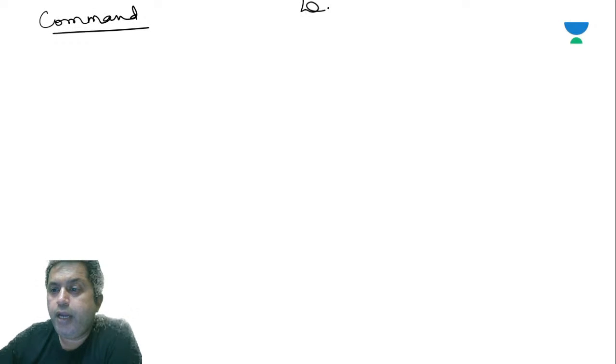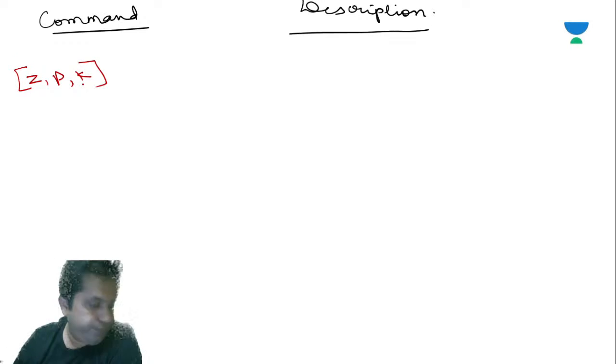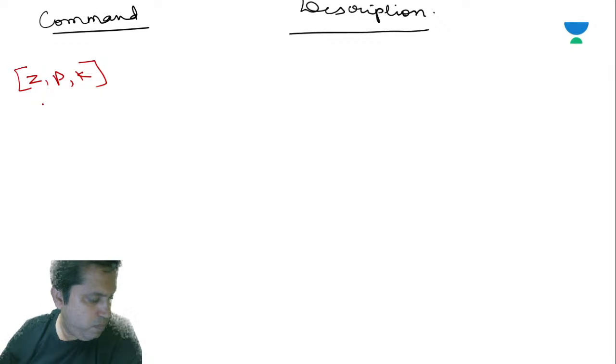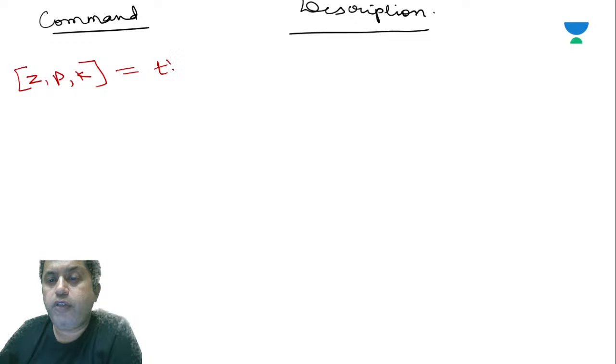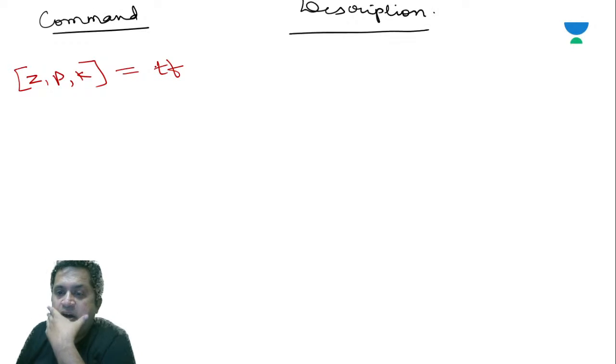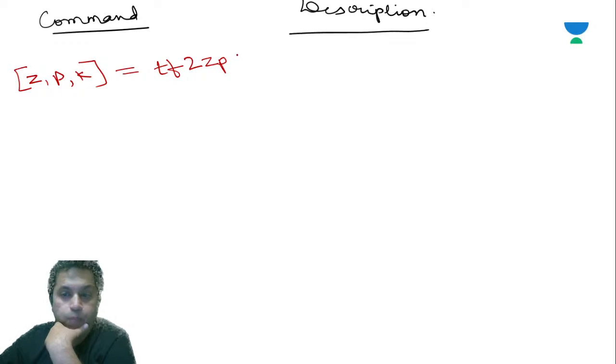Command and then description. What is the command? [z, p, k] = tf2zp(numerator, denominator).